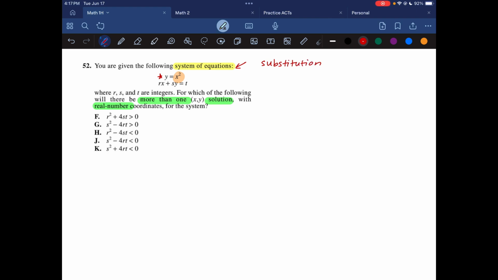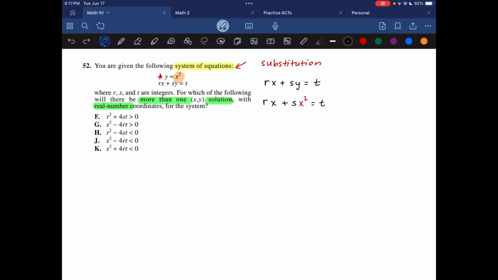So I'm going to rewrite the other equation, rx plus sy equals t, and we are going to replace the y with x squared, because that is exactly what it's equal to right here.